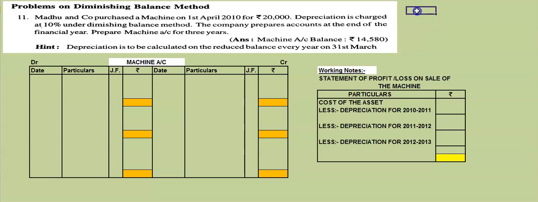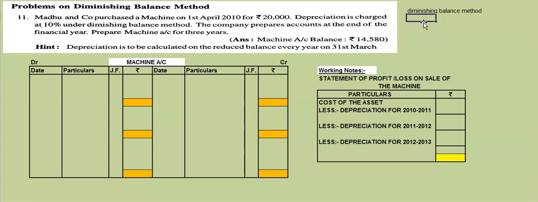So I will write here a note. What is the name of this method? Diminishing balance method, or it is also called as what?